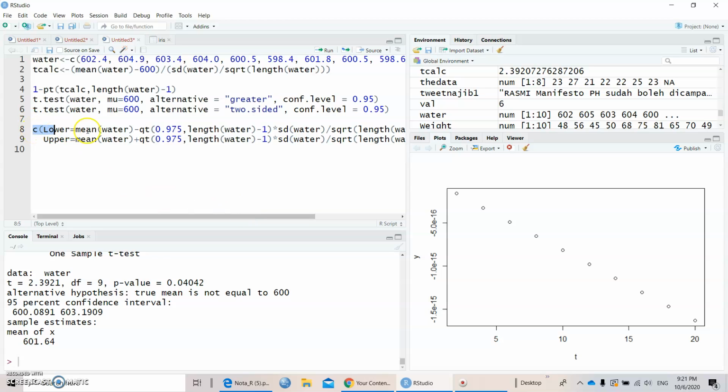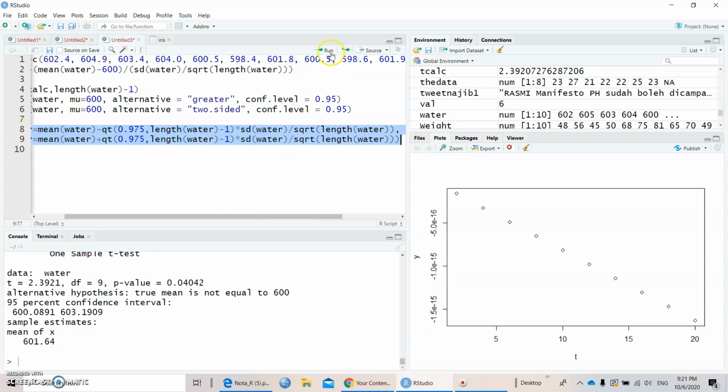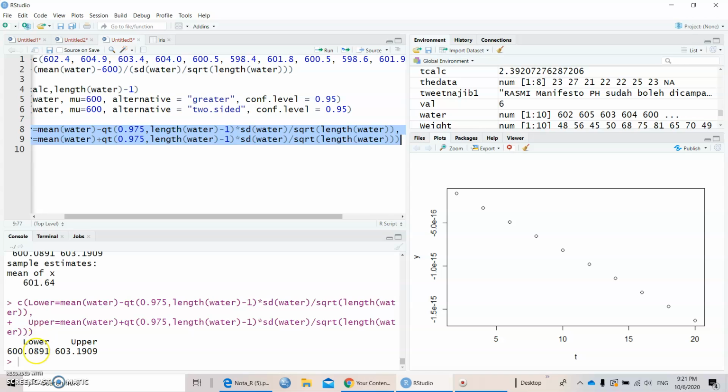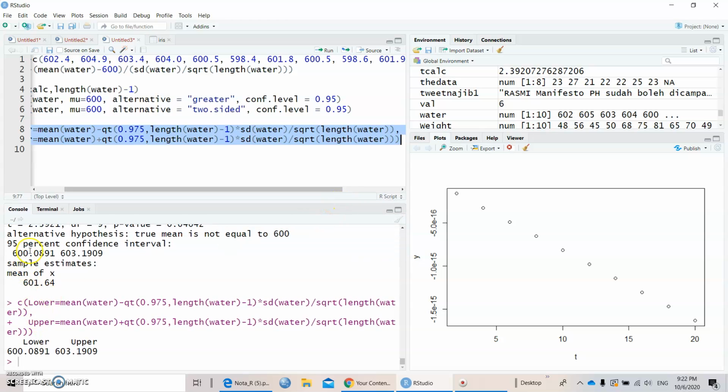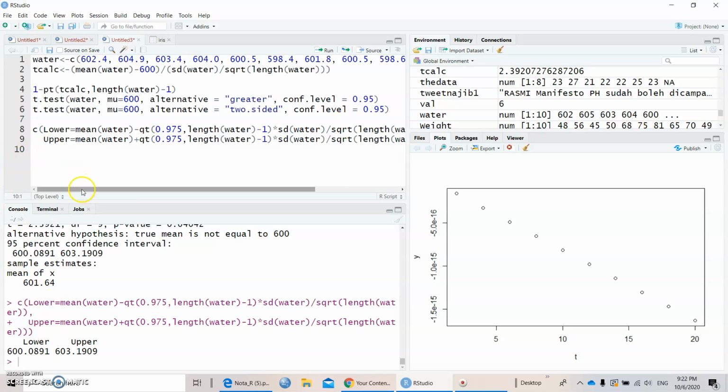If I run this, I will get the lower and upper limit, and this value is the same as the one you obtain by using the t.test function.